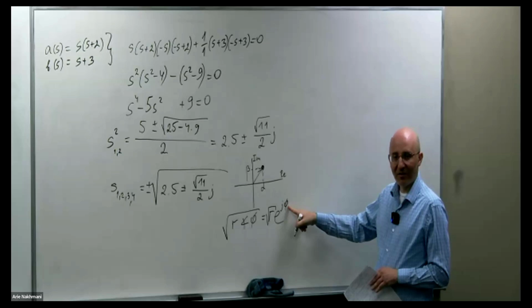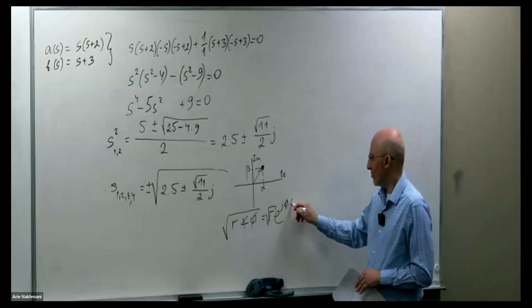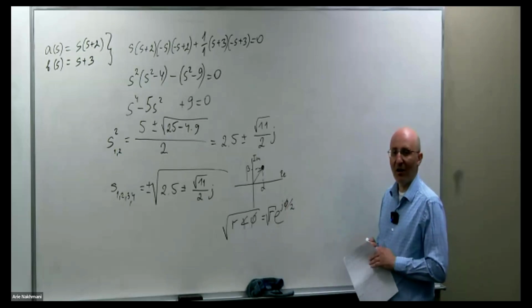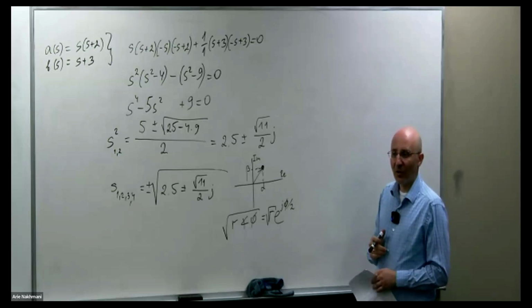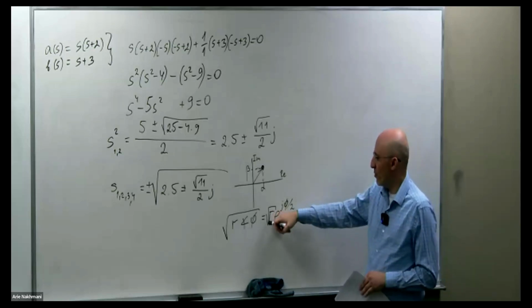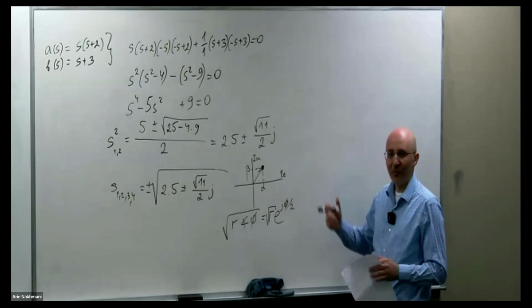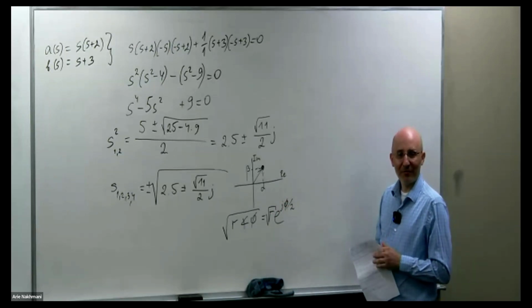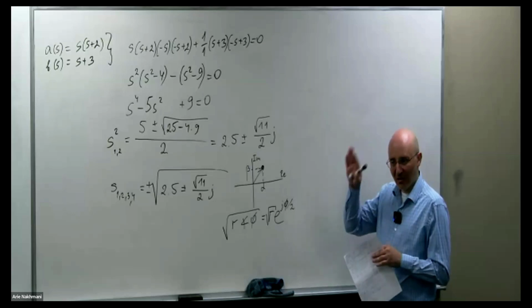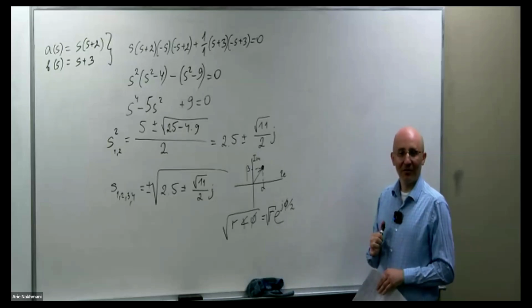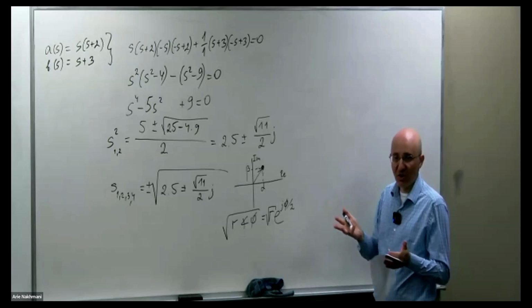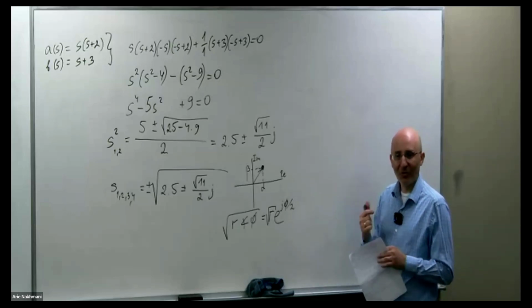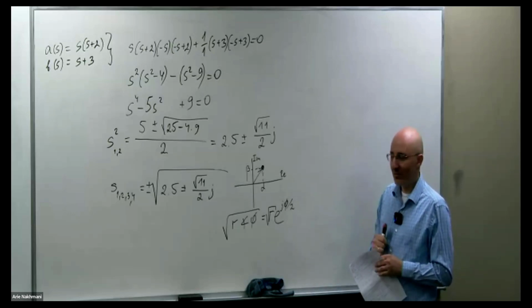You divide by 2. The angle halves. If you want the cubic root, you'll have the cubic root here and divide by 3, or by any other number, depending on the root. So the angle gets half of it, and the radius gets the actual root. The magnitude gets the actual root.